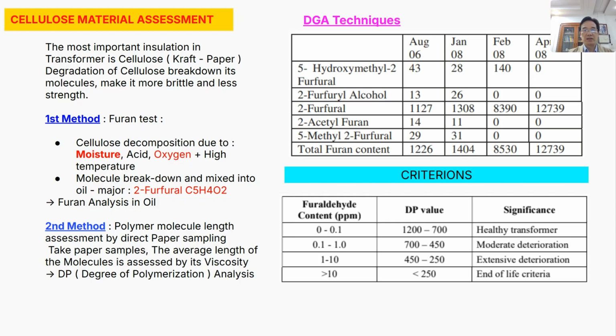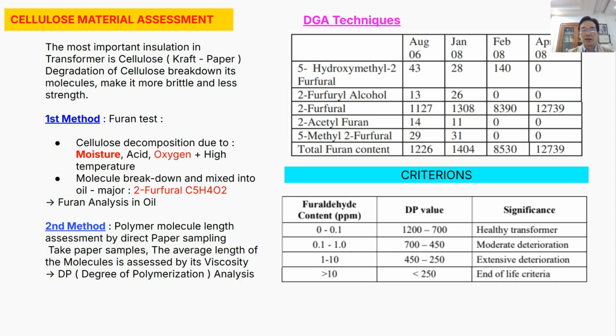That organic chemical is what we call furan. So typically, we have here five types of furan. Then in the lab, with this method, we only need to take the oil sample, then send it to the lab.